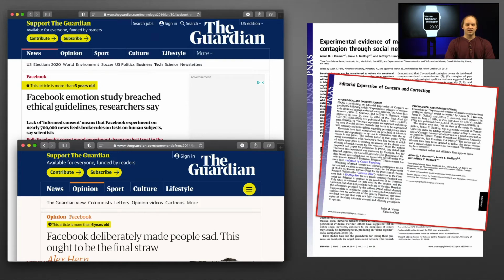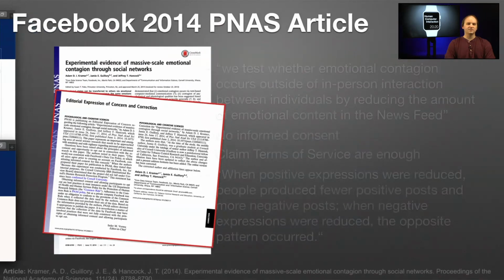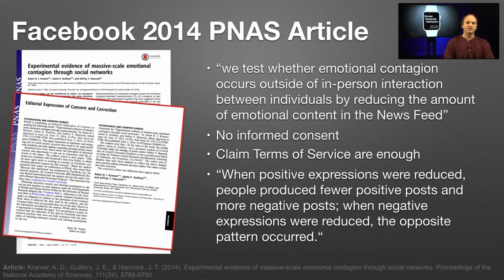This was an article that Facebook published in one of the bigger social science journals, and it got a lot of backlash. This was in 2014, and I remember this happening, and it was really upsetting to me as somebody who does social science research, the way that this played out.